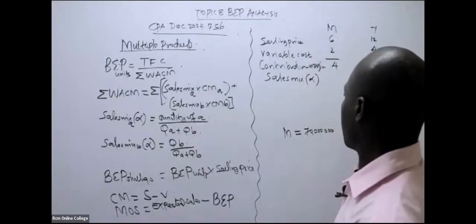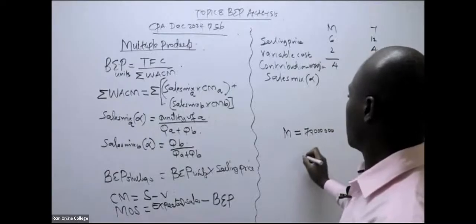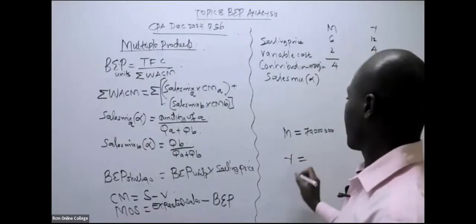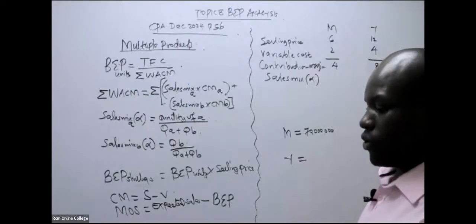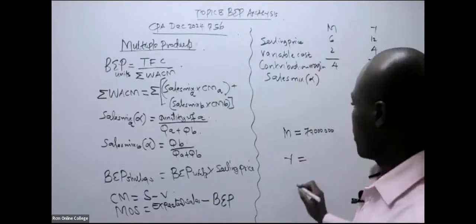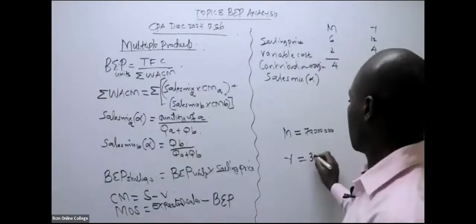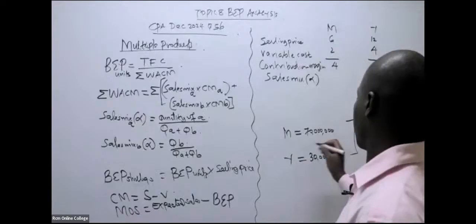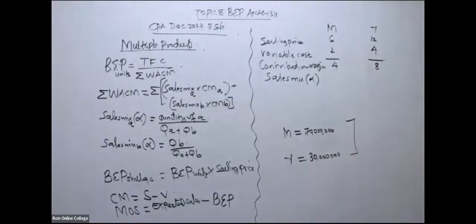Then product Y, what is the expected sales? 30 million, right? Can we get the total of these two? What is the total of the two? 100 million.